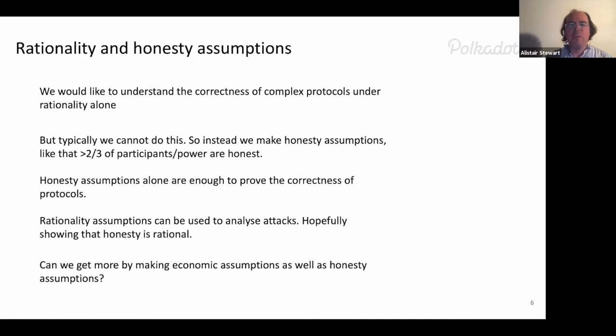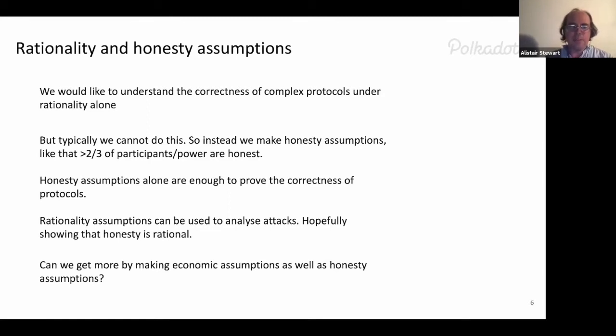So we'd really like to understand our protocols under rationality. Can we do some game theoretic analysis? But this is actually quite hard. So often what we'll assume is only an honesty assumption, like 2/3 of hash power, 2/3 of stake is in the hands of honest people. And honesty assumptions alone are enough to prove these things are correct.